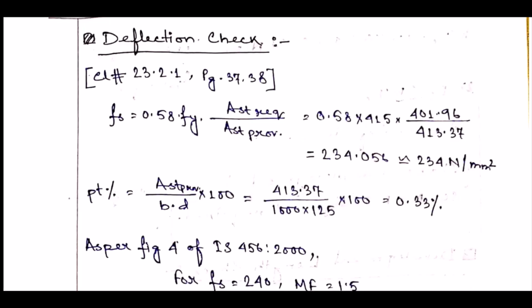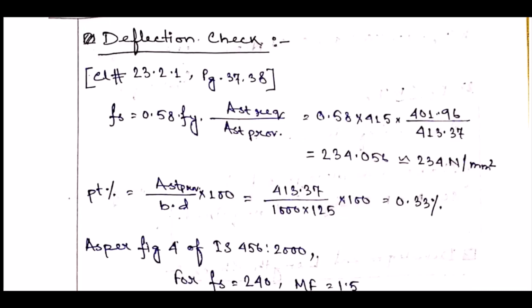So that is equal to 234.056, or approximately 234 Newton per millimeter square. Now percentage of steel is Ast provided by cross-sectional area, that is b into d into 100. So that is equal to 0.33%.